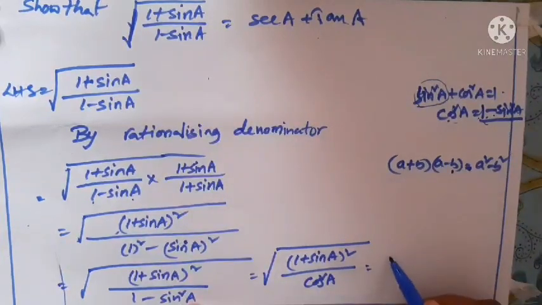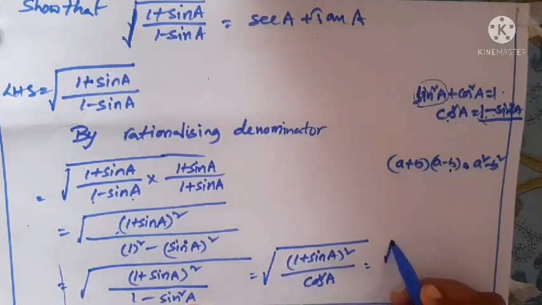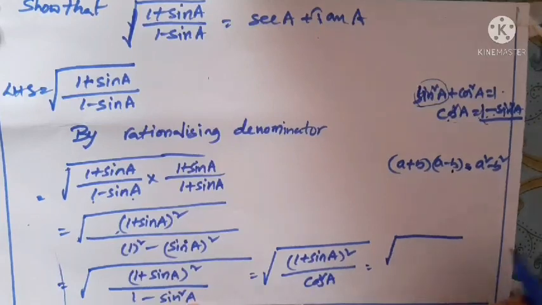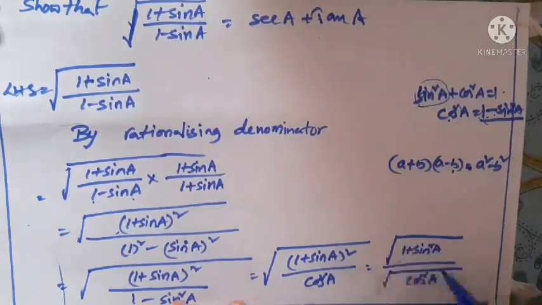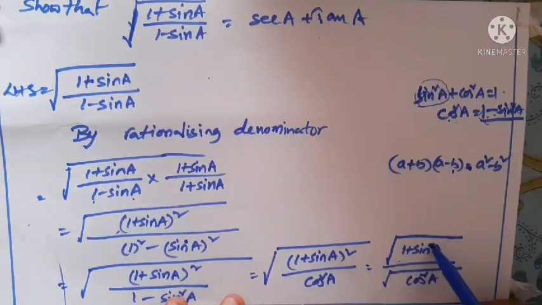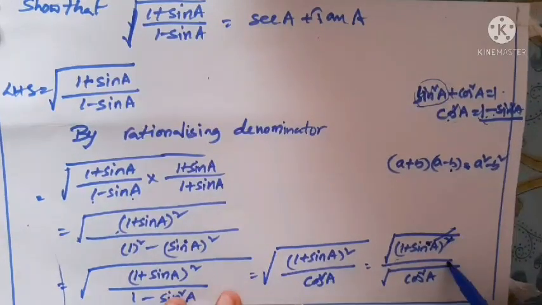And now the square root, separated for numerator and denominator. See here. And now cancel square root and square, and cancel square root and square.